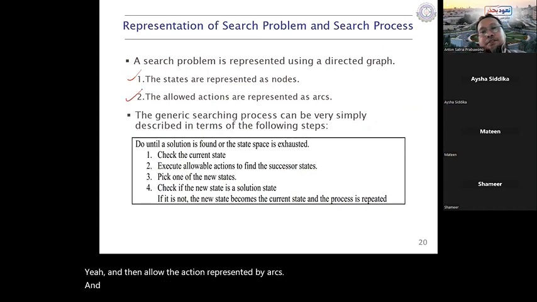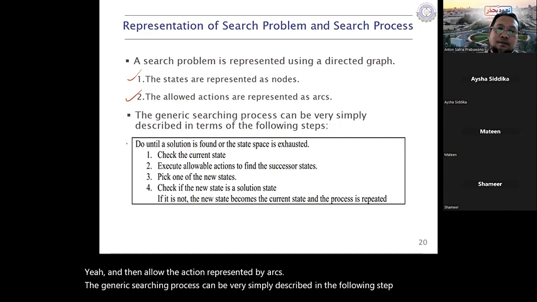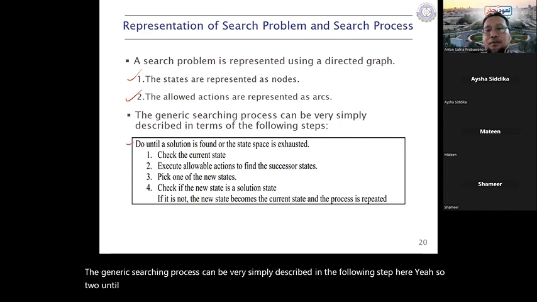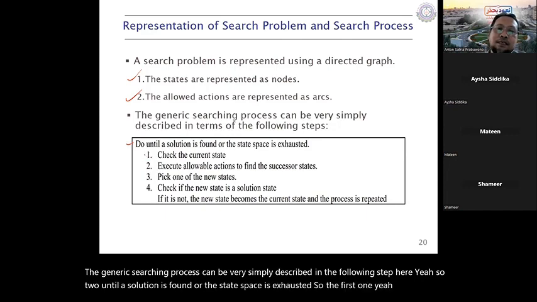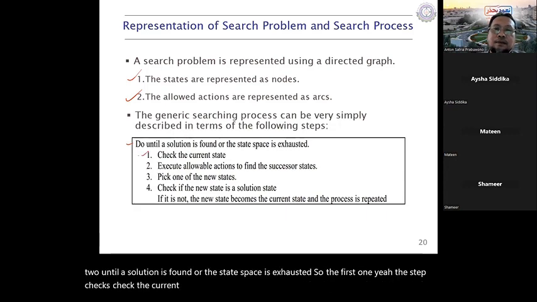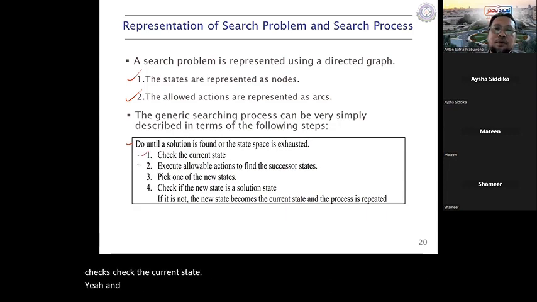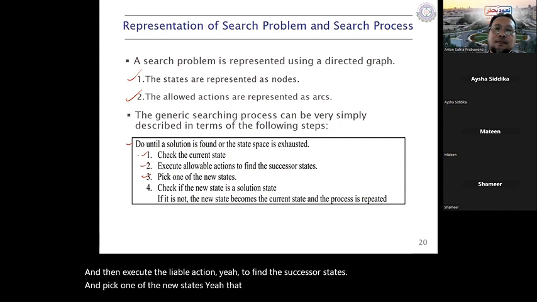The generic searching process can be described in the following steps. Do until a solution is found or the state space is exhausted. First, check the current state. Then execute the allowable actions to find the successor states, and pick one of the new states. Check if the new state is a solution state.